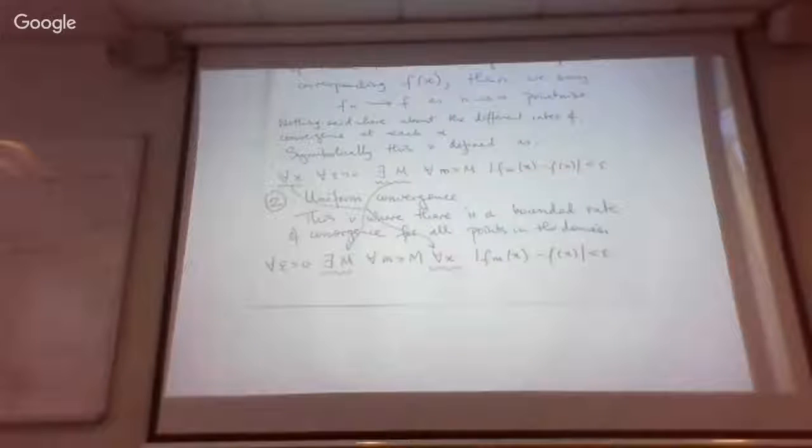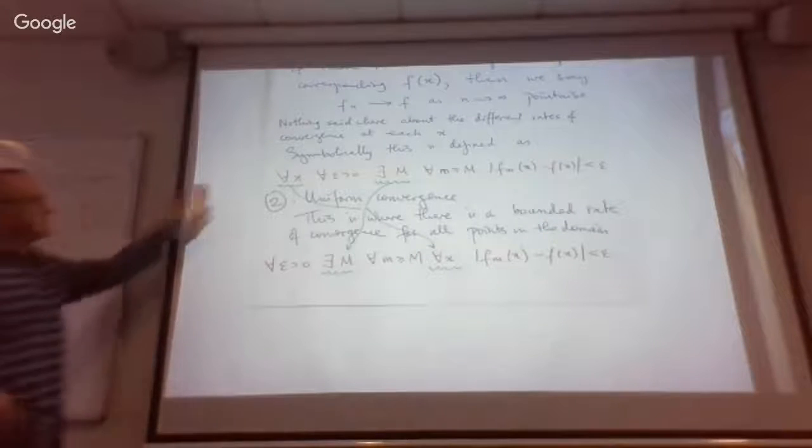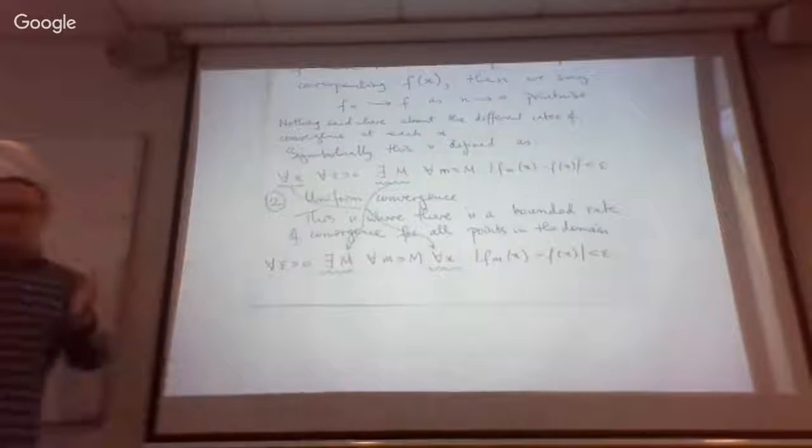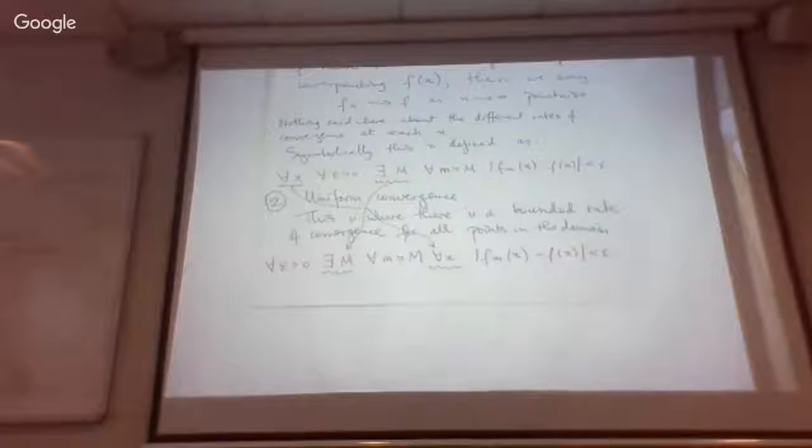You can see the difference when you swap the existential and universal quantifiers. For every person in the world, there exists a mother. But it's not the case that there exists a mother for every person in the world. So swapping existential and universal quantifiers makes all the difference.